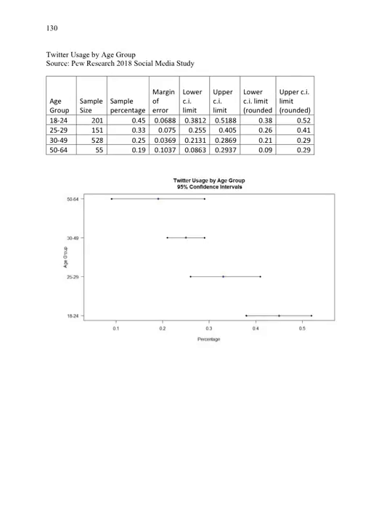Our 18 to 25-year-olds went from 0.26 up to 0.41, and the 30 to 49-year-olds, the center of the interval is at 0.25.